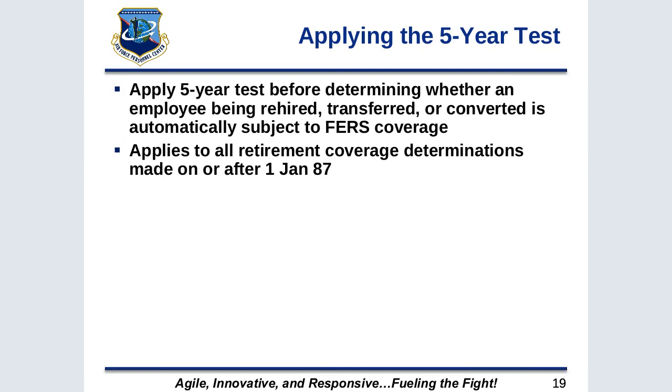The 5-year test applies to all retirement coverage determinations made on or after 1 January 1987. But before you begin the coverage determination steps, write out the employee's service history, showing all periods of service and types of appointments.